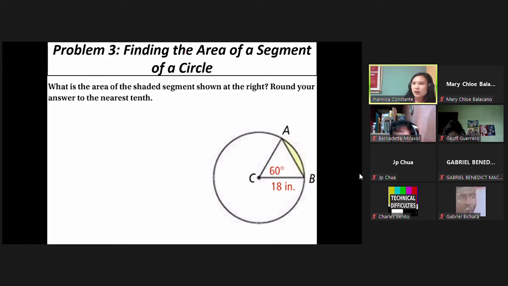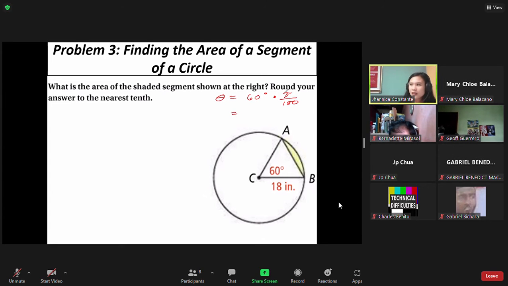So we need to convert the measurement of the angle, which is 60 degrees, into radians to find our area of the segment. So let's convert the central angle, which is equal to 60 degrees, multiplied by pi over 180.